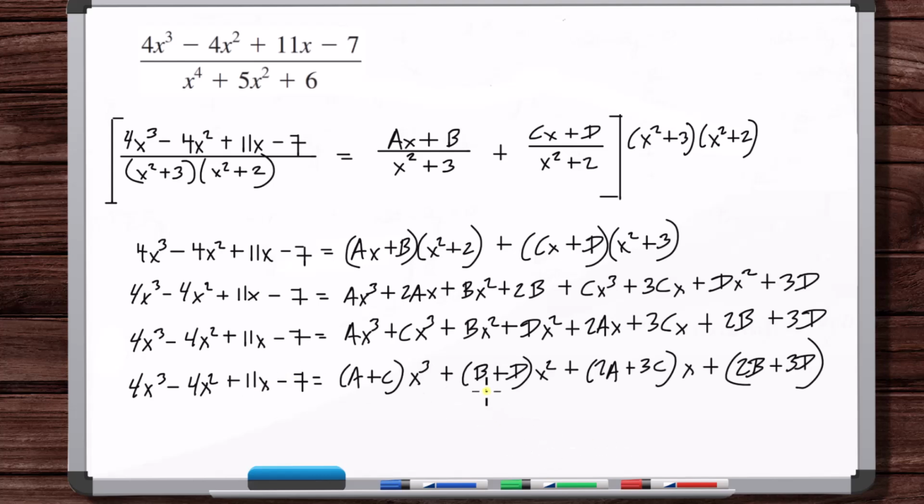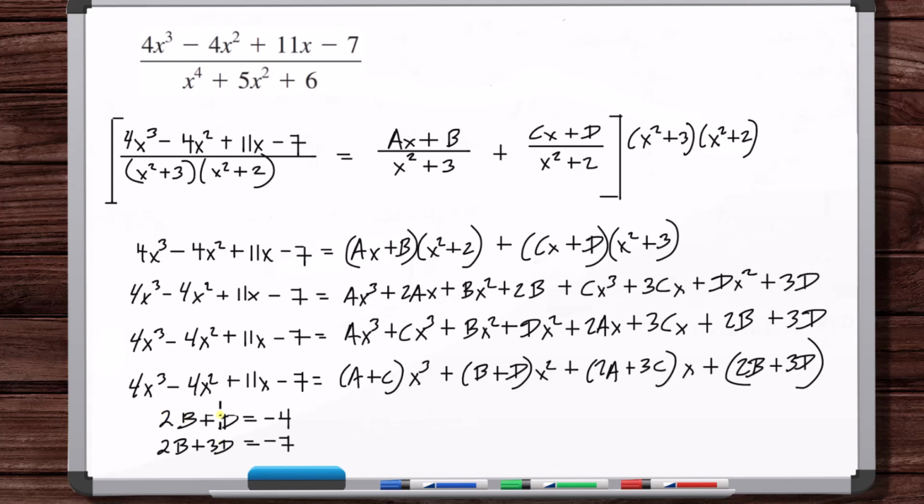We have a b and a d, and an a and a c. We have two equations, two unknowns here. You have b plus d is equal to minus 4. Then you've got 2b plus 3d is equal to minus 7. Let's solve for b and d.